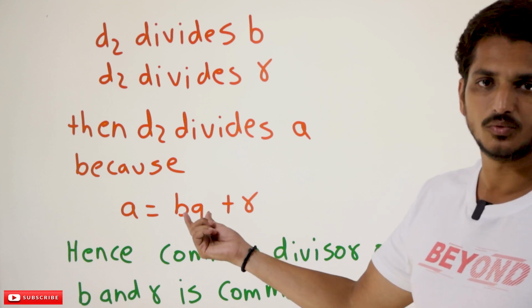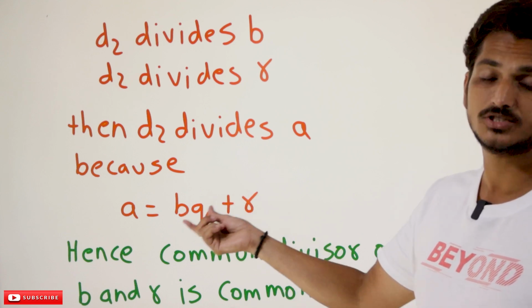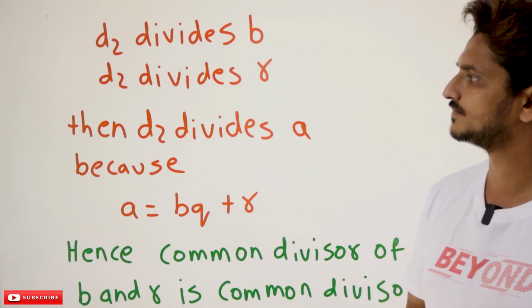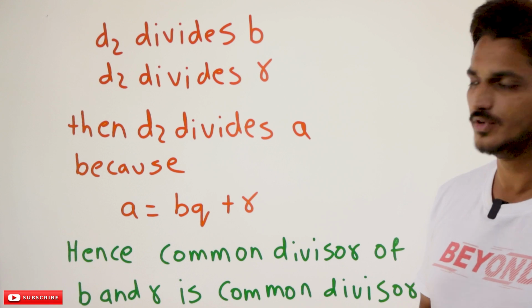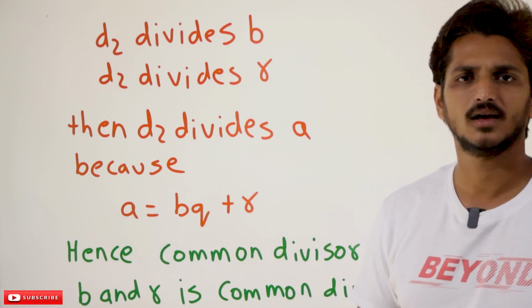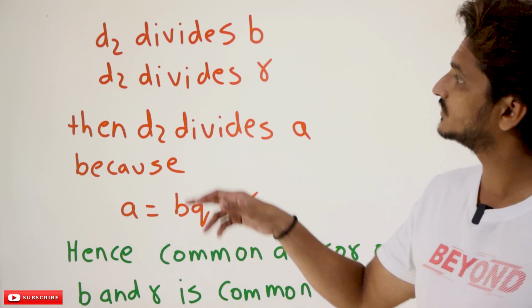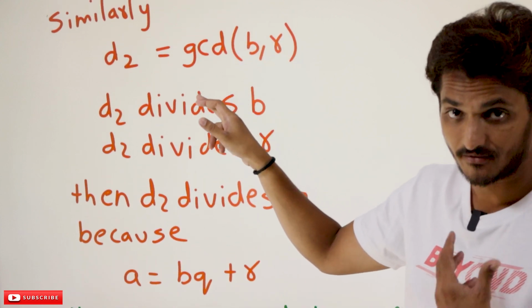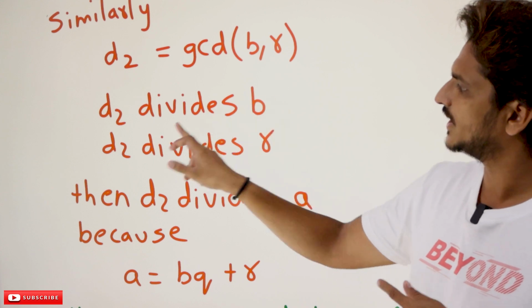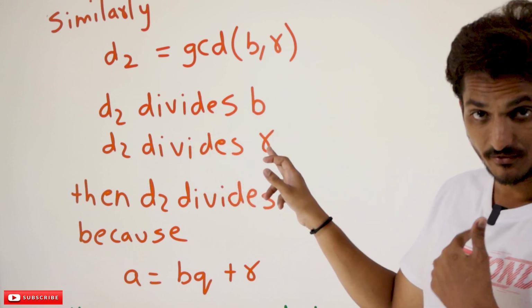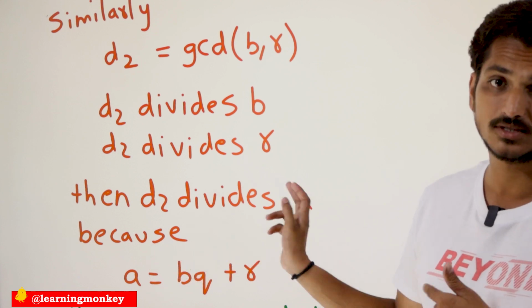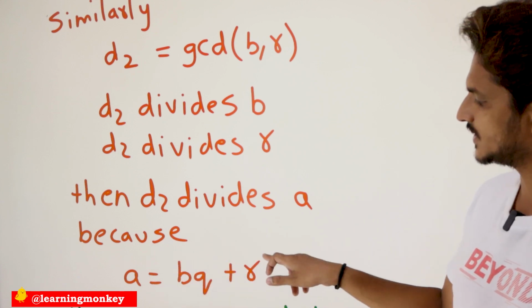D2 divides BQ and D2 divides R, so the addition of these two is divisible by D2, which is equal to A. So if D2 is GCD of B comma R, then D2 divides B, D2 divides R, and definitely D2 divides A.